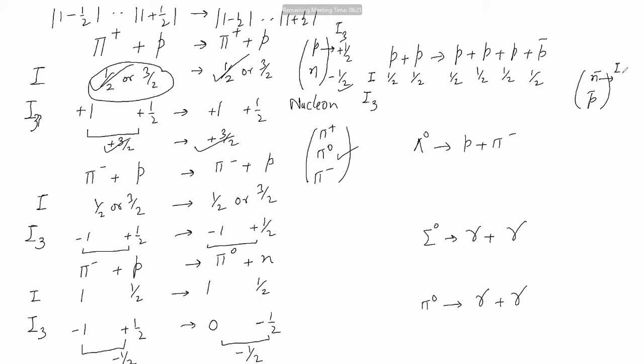Okay, and therefore I3 is plus half for the antineutron, and minus half for the antiproton. Therefore, I3 is plus half, plus half, plus half, plus half, plus half, and this will be minus half. Is it not? Are you convinced? Vandana?